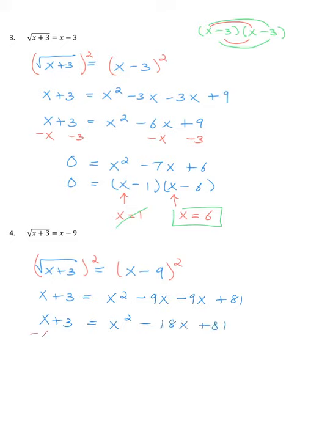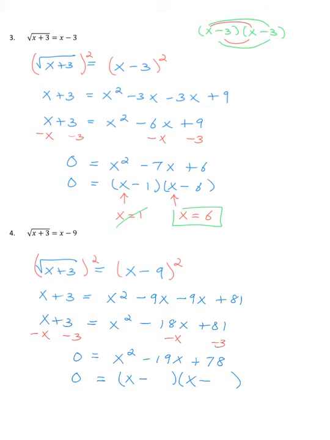I will subtract x and 3 from both sides, which changes my equation to 0 is equal to x squared minus 19x plus 78. Now, does this factor? Let's see. Again, it's got to be an x minus and an x minus.